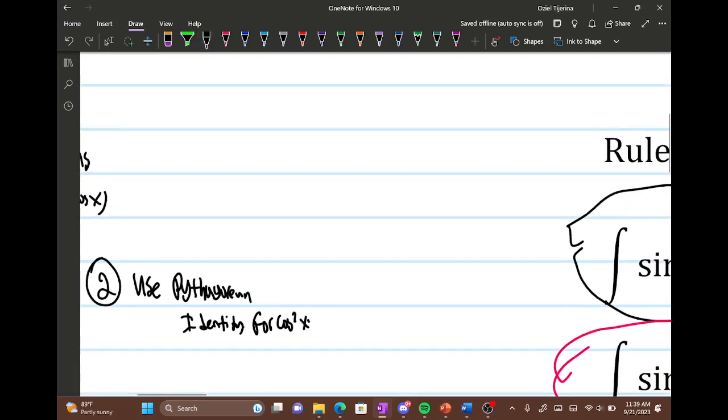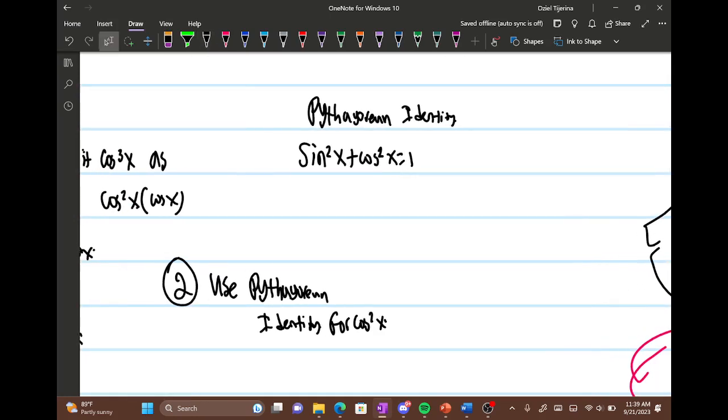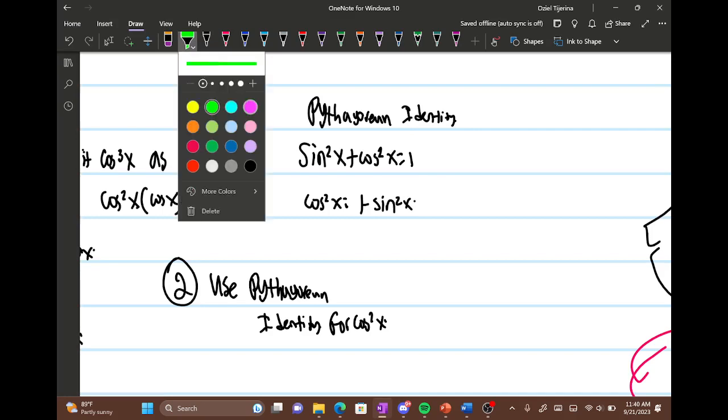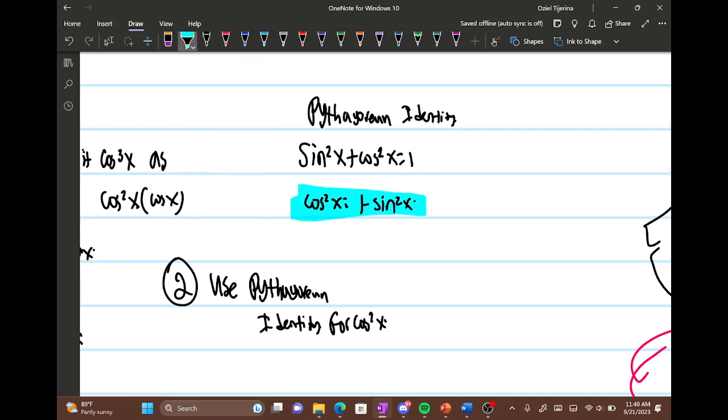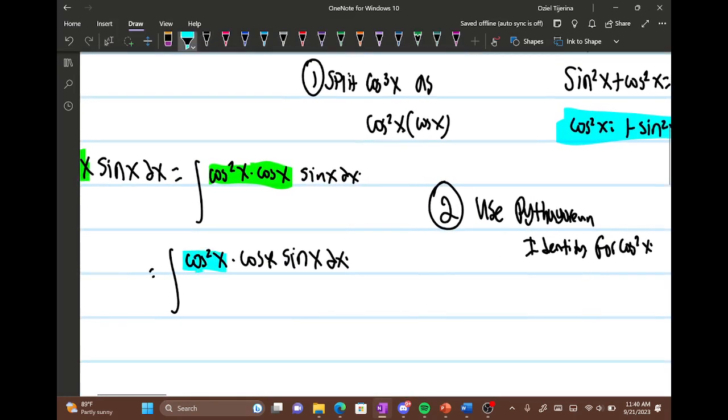As you know, the Pythagorean identity is sine squared x plus cosine squared x equals 1. If you solve for cosine, you get that cosine squared x equals 1 minus sine squared x. We're going to use this for this part.